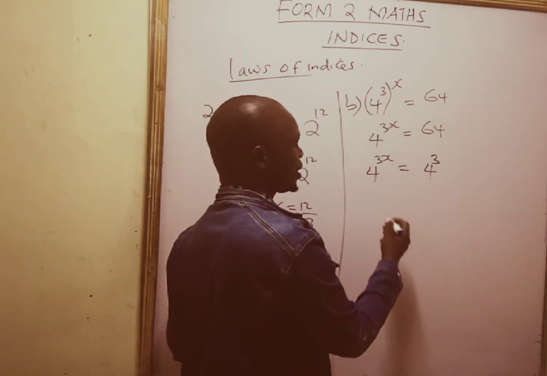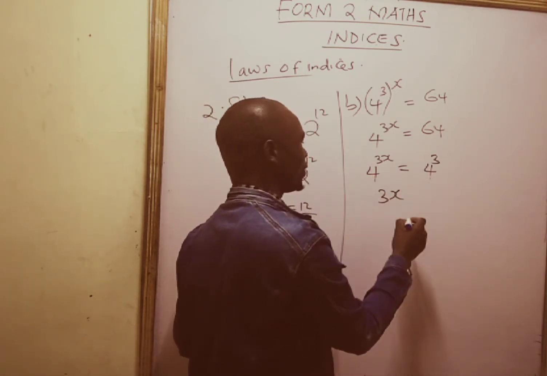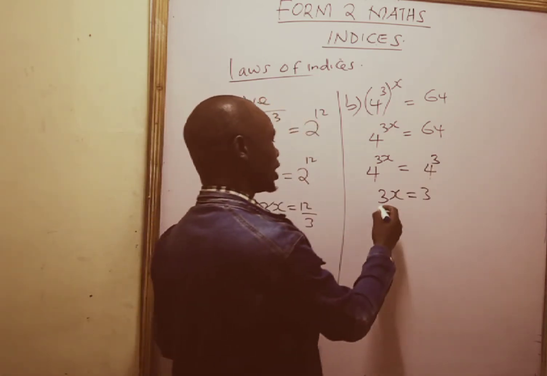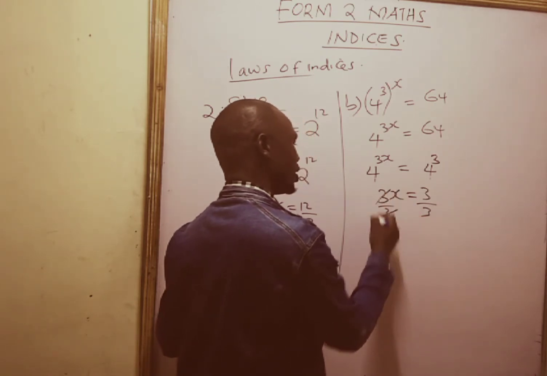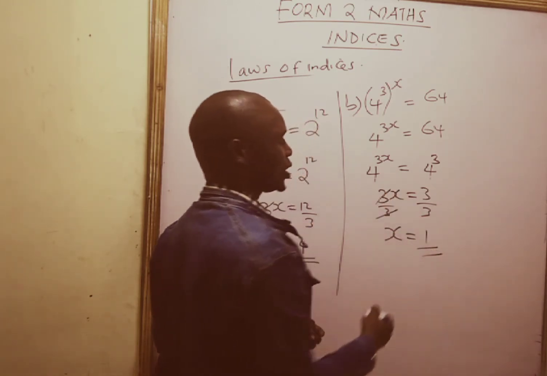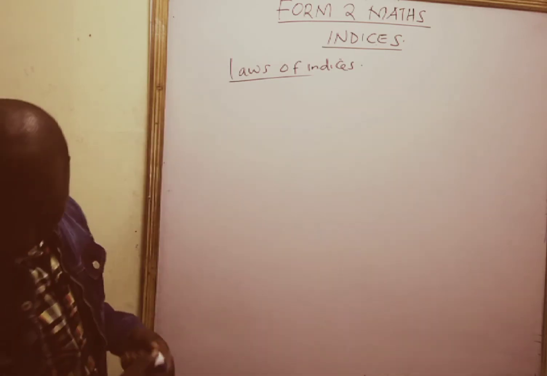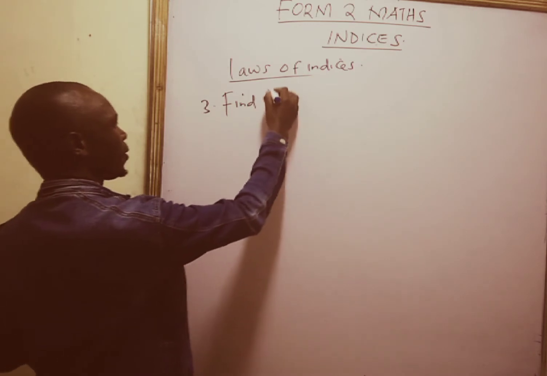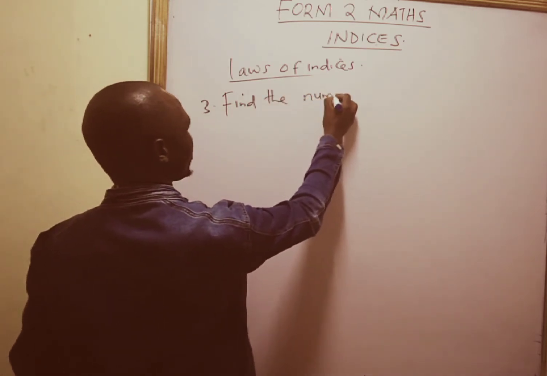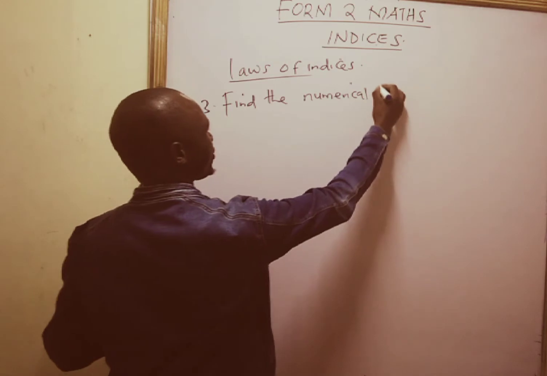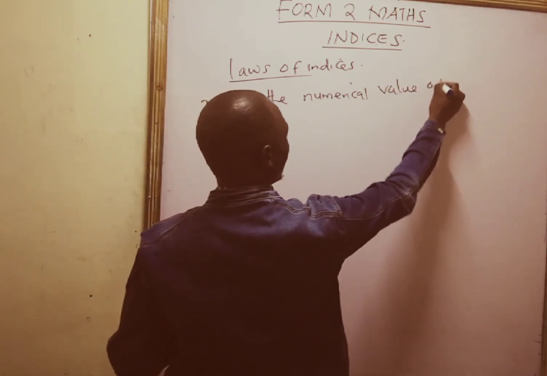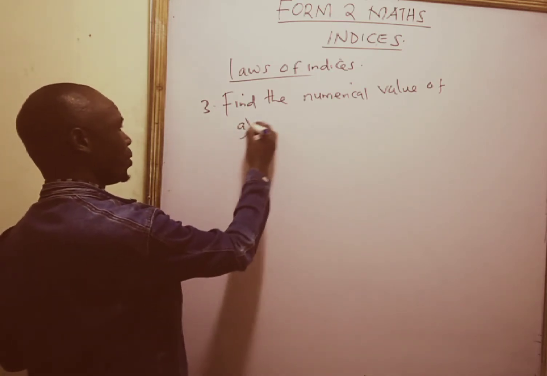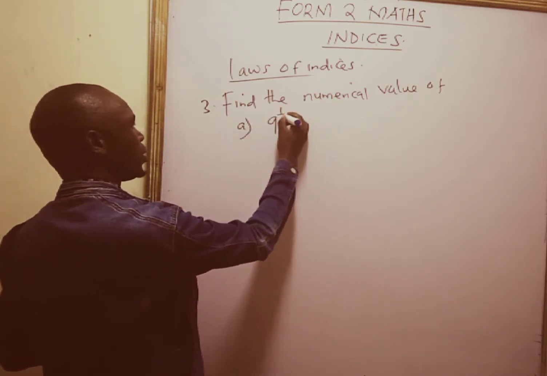If you drop the bases and equate the powers, we are going to have 3x being equal to 3. And if you divide both sides by 3, 3 and 3 cancel, and our x is going to be equal to 1. Question number 3, we are told to find the numerical value of, we have A, we have 9 raised to power half.